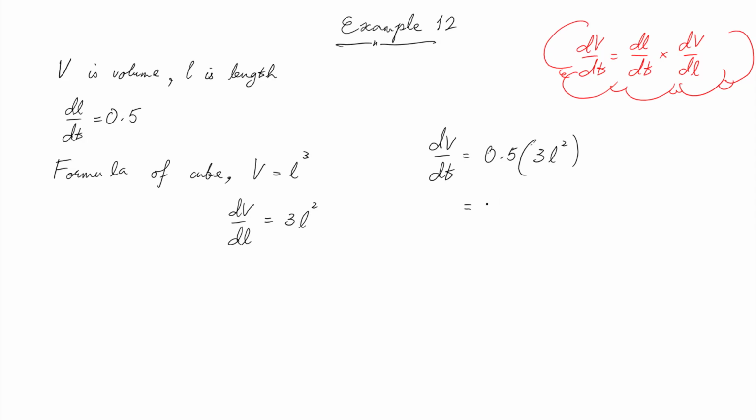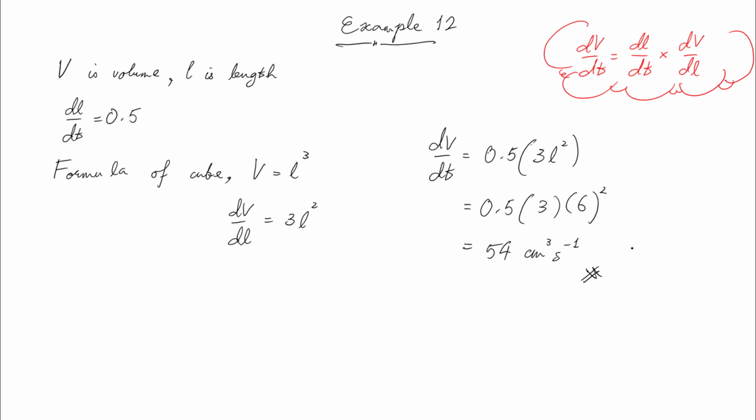So it will be 3 multiplied by 6 squared. The final answer will be 54. The proper writing of this answer is 54 centimeter cube per second, but if you do not write this unit, it's still acceptable as the correct answer.